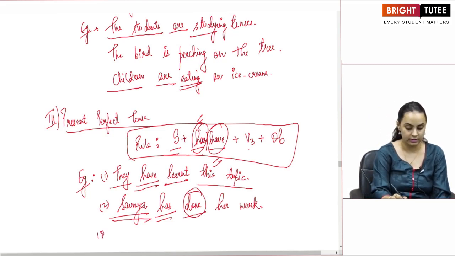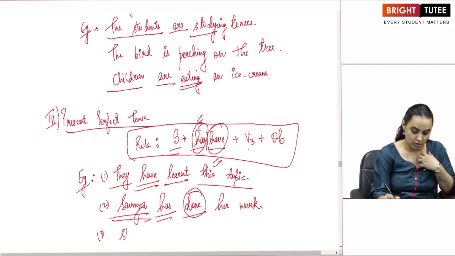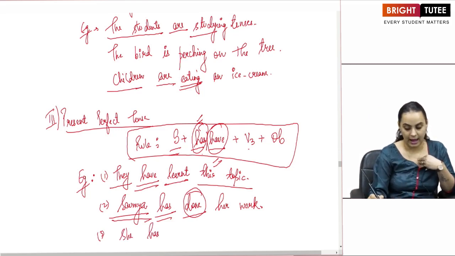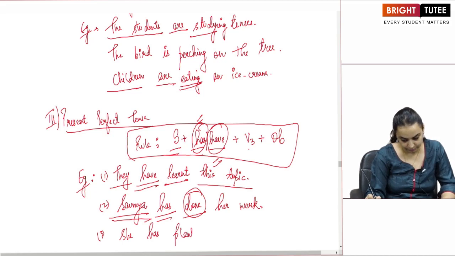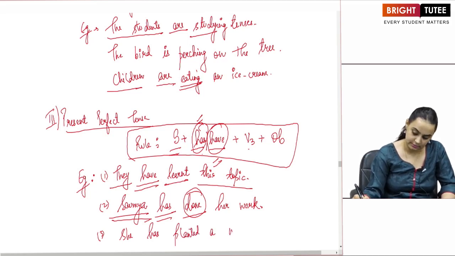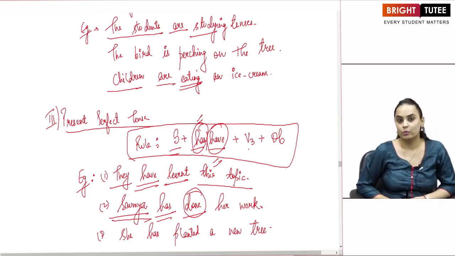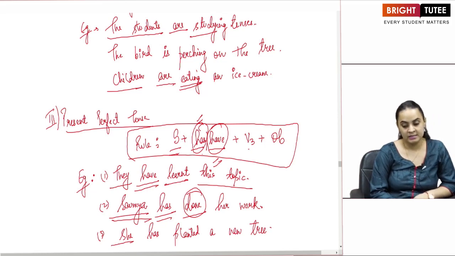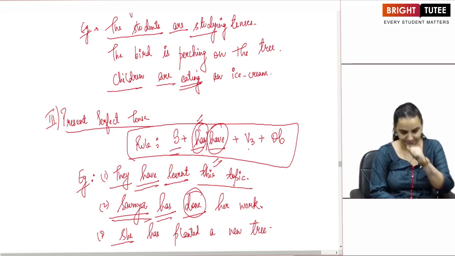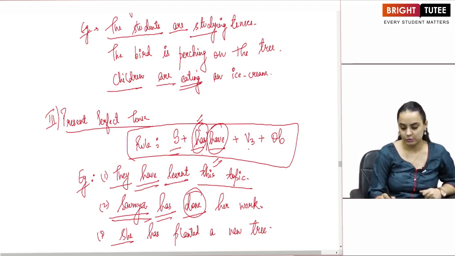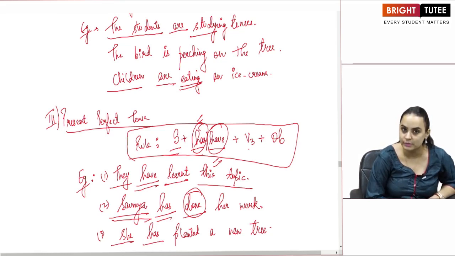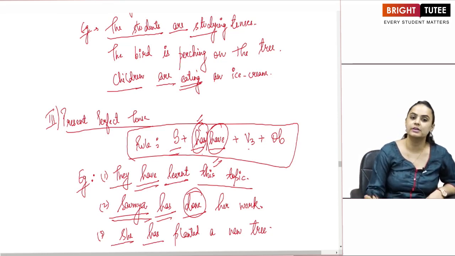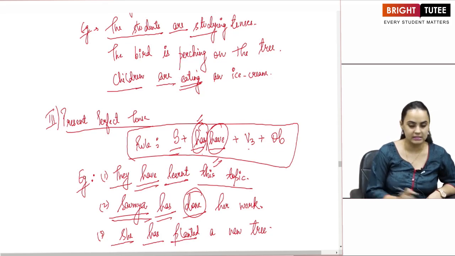I give you another example. She has planted a new tree. What is my subject? My subject is she. Since she is singular, so I will use has with it. With has, we use the third form of the verb, that is planted.